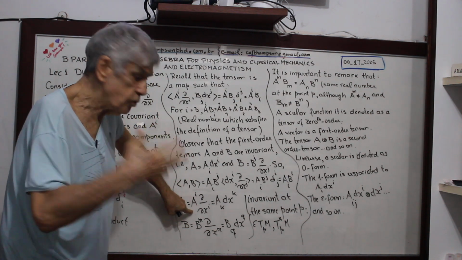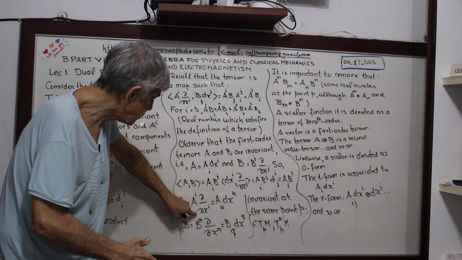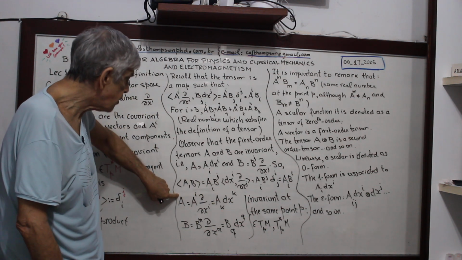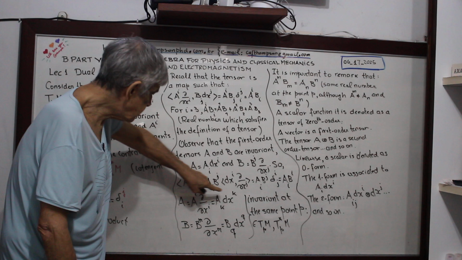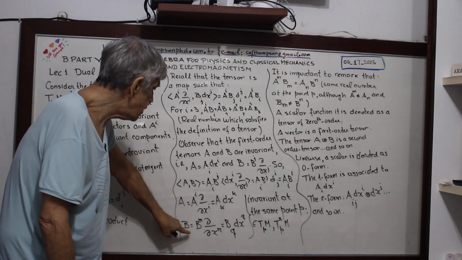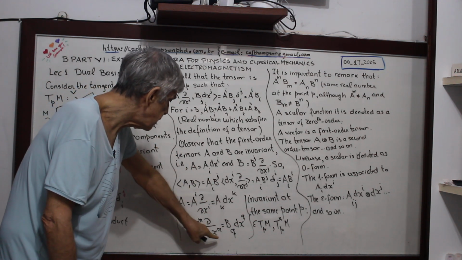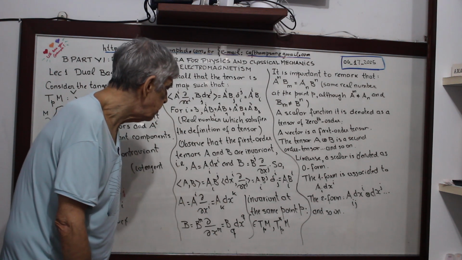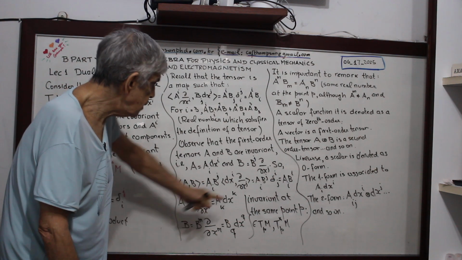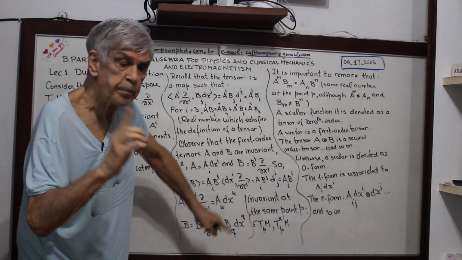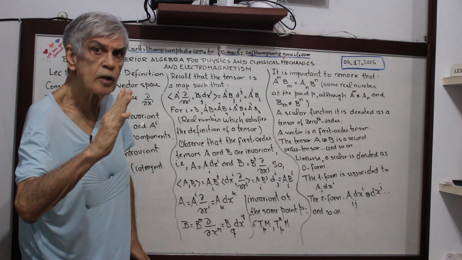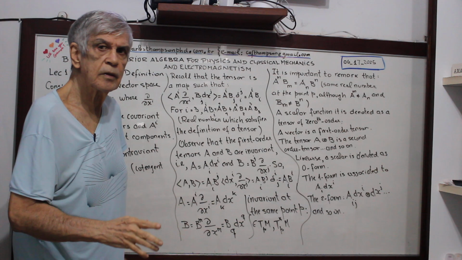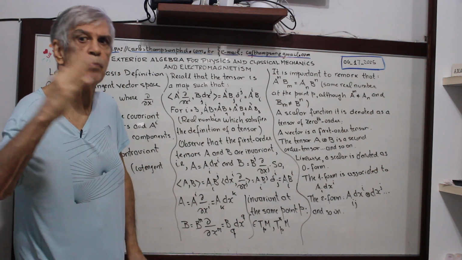That's what invariant means. You see here, a^i partial xi equals a_k dx^k, the same vector, okay? This is invariant. Likewise, b^m partial xm equals b_k dx^k. You see, invariant at the same point P. If you move to another point, they will be invariant at that new point.